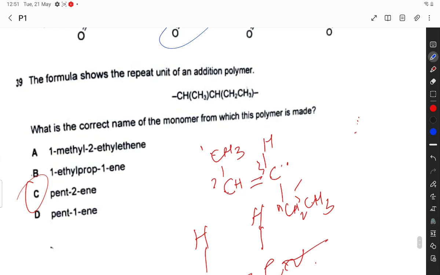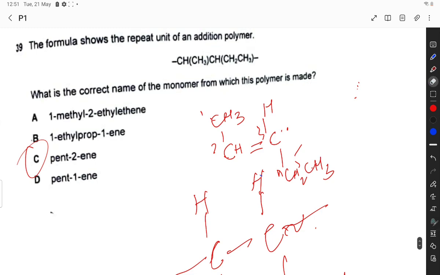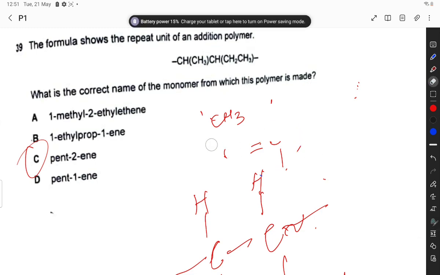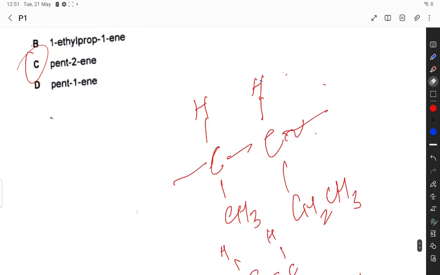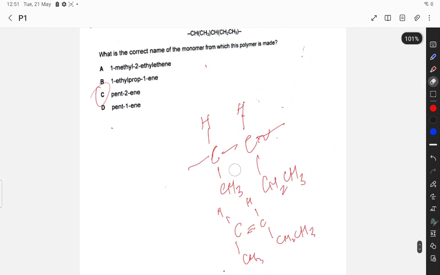The formula shows the repeat unit of an addition polymer. This is the structure of the polymer, and from this polymer this monomer is formed. 1, 2, 3, 4. 1, 2, 3, 4, 5.